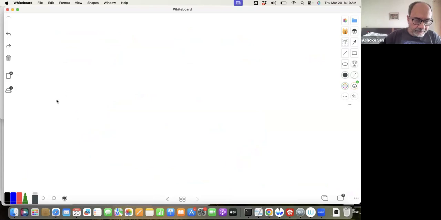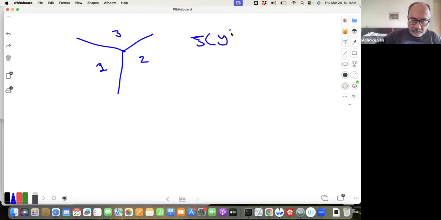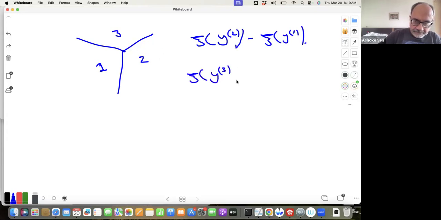So let's draw this chamber picture again. We have this, say, 1, 2, 3. As you jump here, you get xi of y2 minus xi of y1. Then across this jump, you get xi of y3 minus xi of y2.